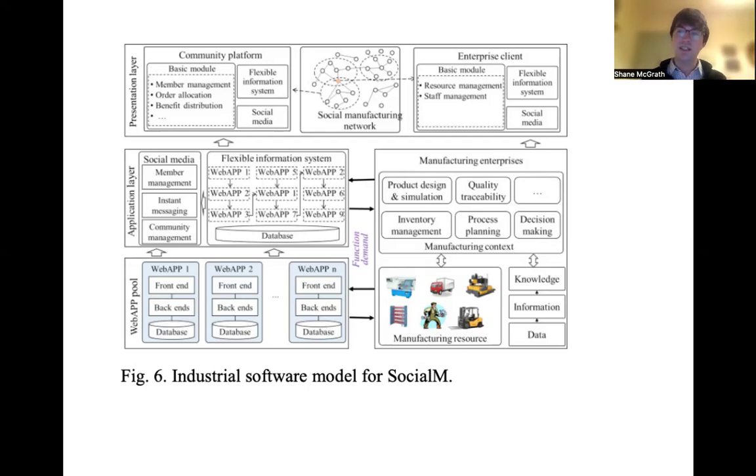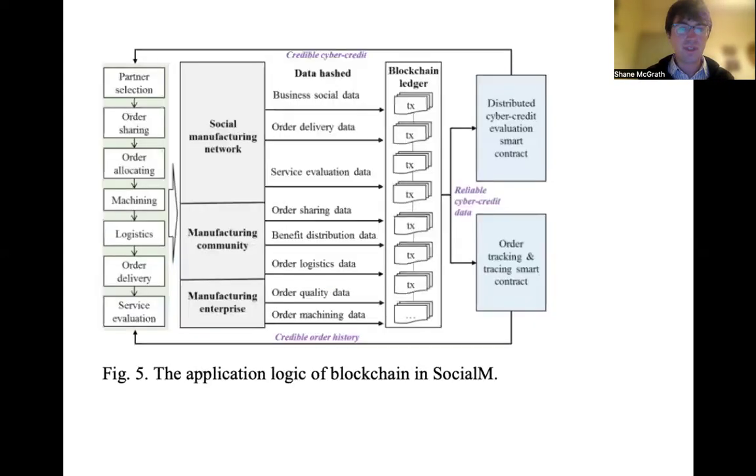Crucially, social media is the glue, because this allows people who don't necessarily know each other to interact, and it's all linked to a production system. They also don't mention here how blockchain can be used for service evaluation, order sharing, and benefit distribution.